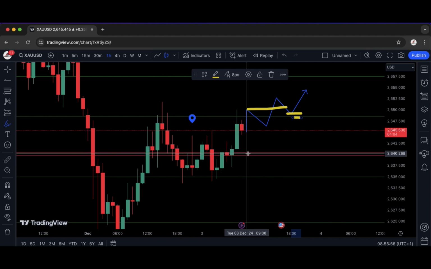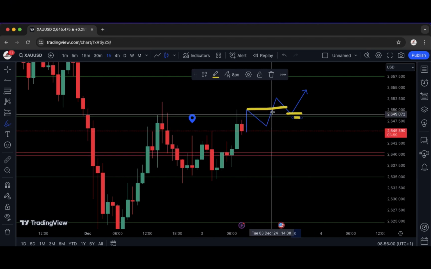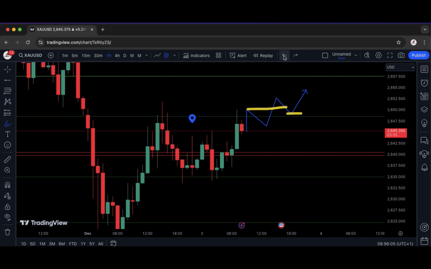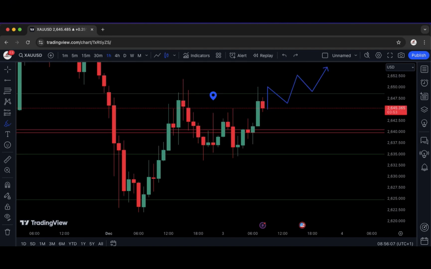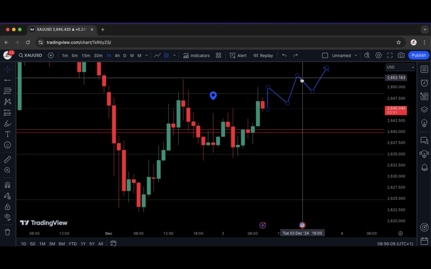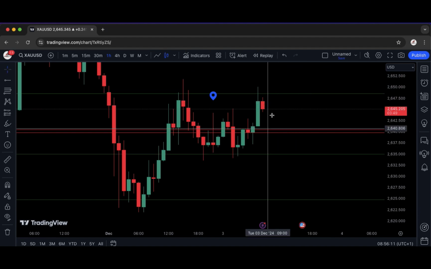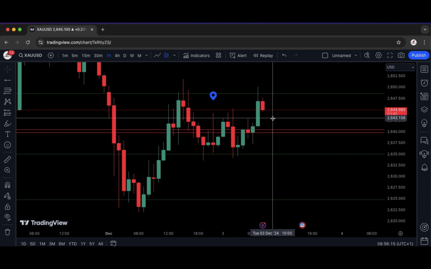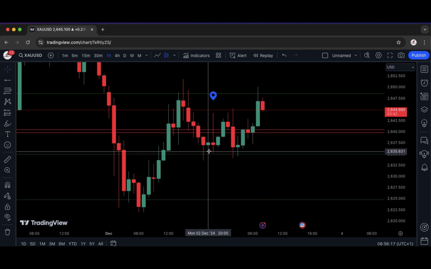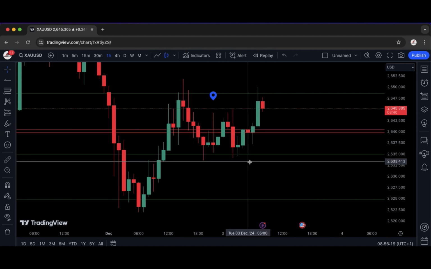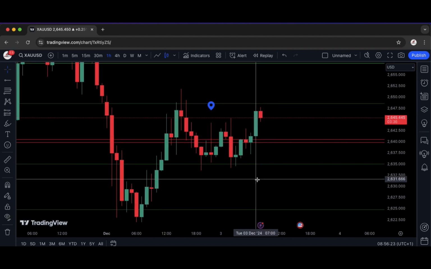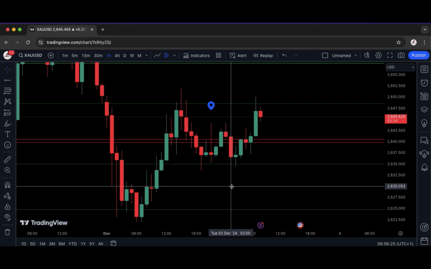If it triggers our buy limit here and gives us this pattern, we take a buy from here. You've also seen the sell scenario I did here and the one I did here as well. So let's see the ones that play out.